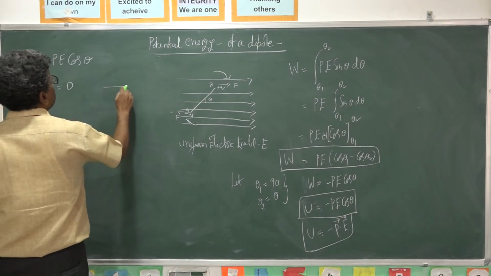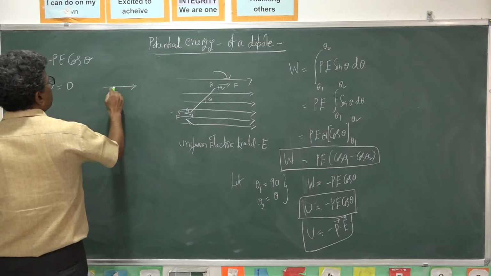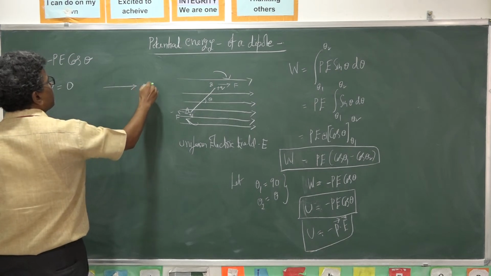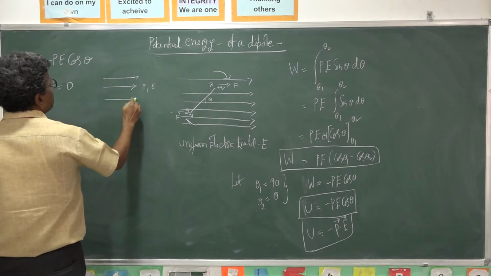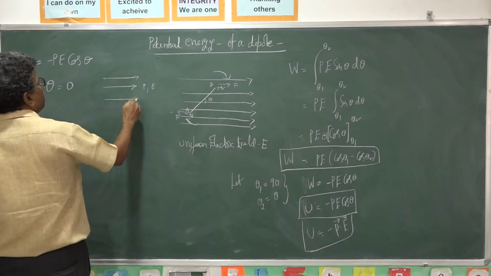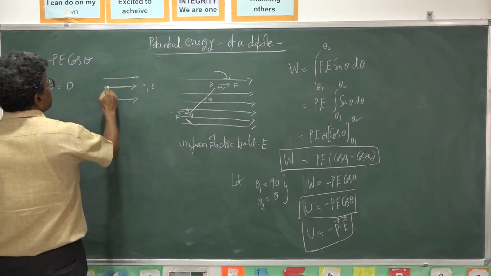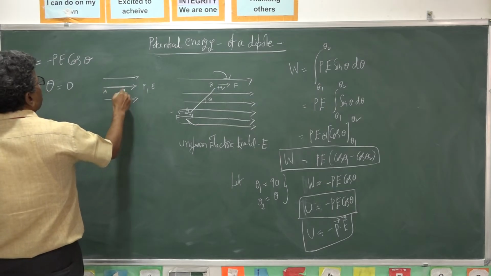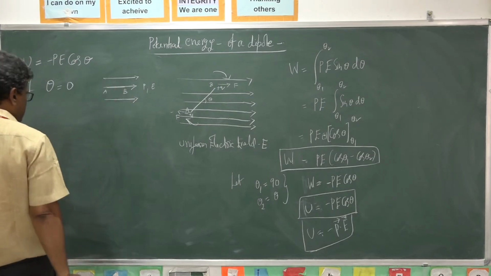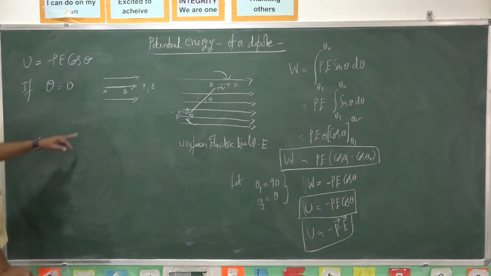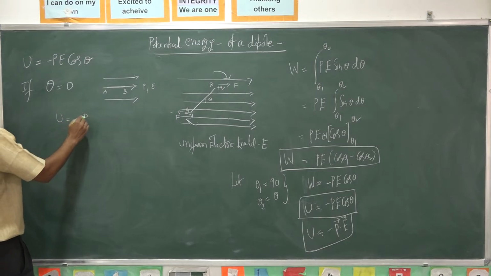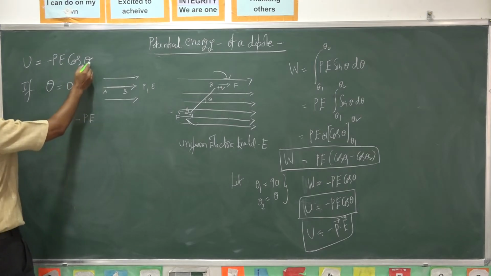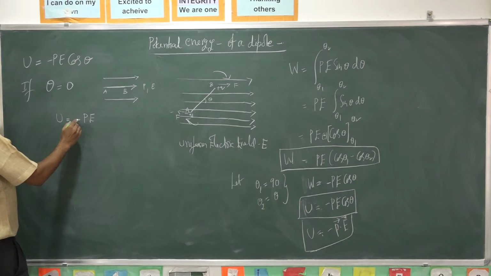The dipole is in the direction of the field. P bar and E bar are in the same direction, like this. This is the direction of E, and the dipole is like this, AB. Both are in the same direction, so theta between them is 0. Then the potential energy is minus PE cos 0, which is 1, so minus PE.